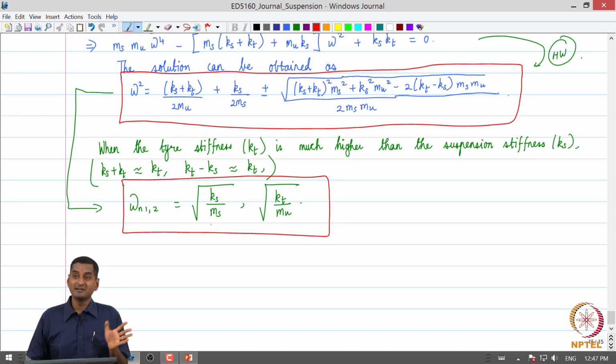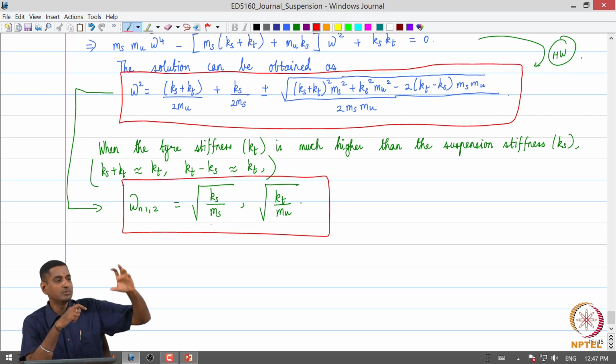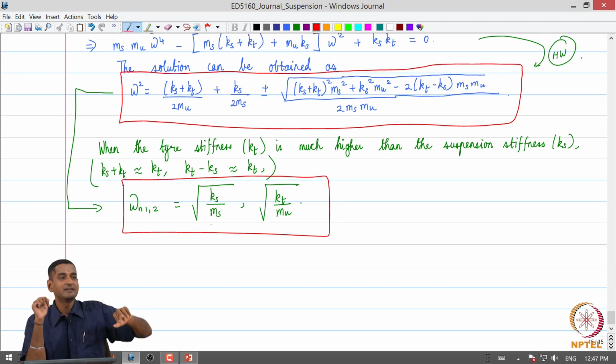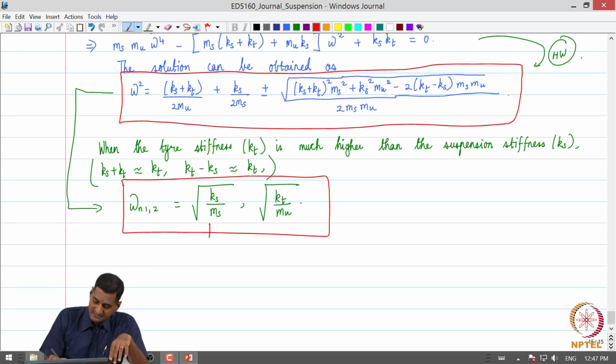So, in other words, when the tire stiffness is much more than the suspension stiffness, the response of the 2 masses can be analyzed in a decoupled manner. Okay. So, that is the implication. So, this is what is called the natural frequency that corresponds to the sprung mass mode.